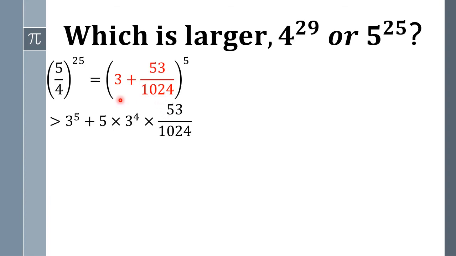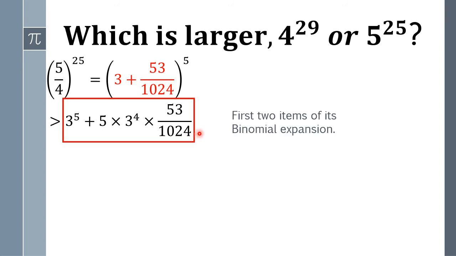So here, we will use the first two items to estimate the value. And apparently, there is a larger than signal here.